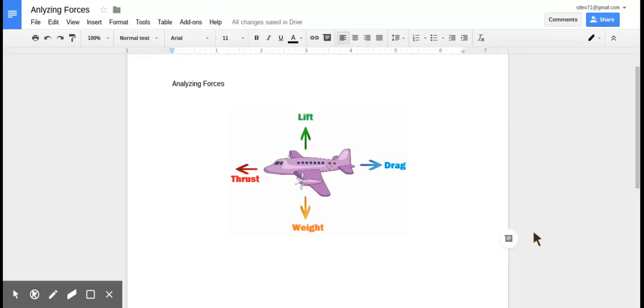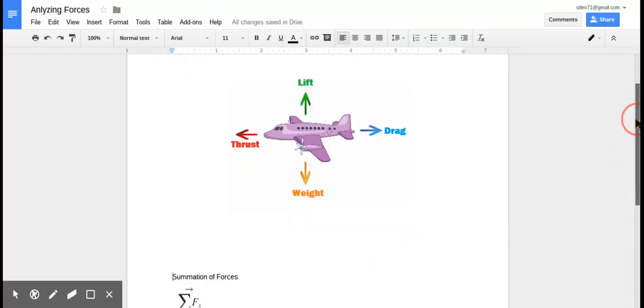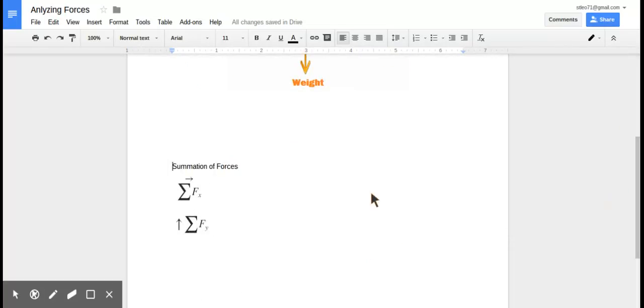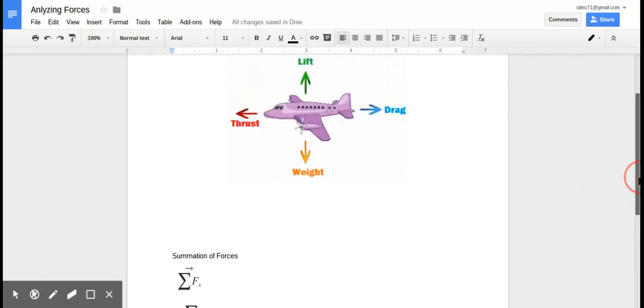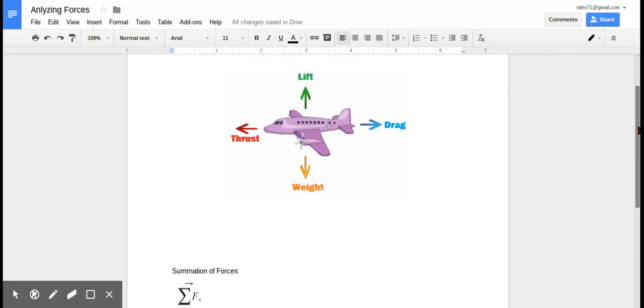So the rules that I gave before, where we allowed the summation of the forces along the x-axis and the summation of the forces along the y-axis, can be used in order to analyze this problem. Now, the question in the word problem that I gave before was asking what forces needed to be balanced in order for the airplane to fly.